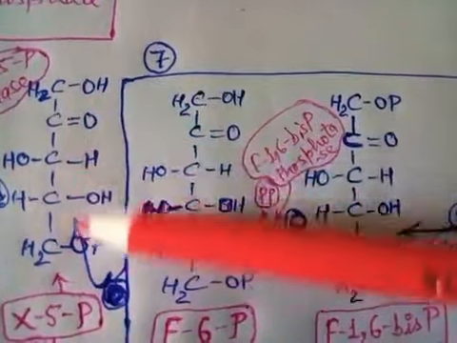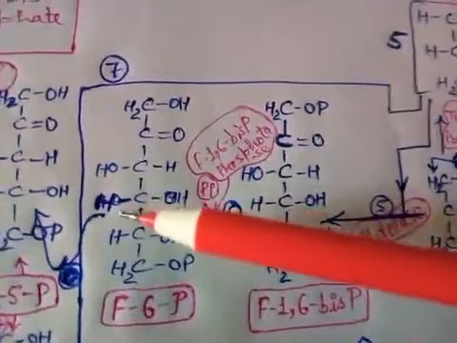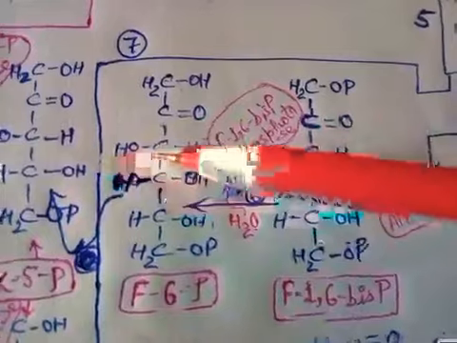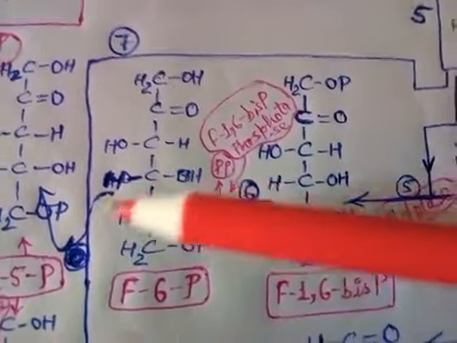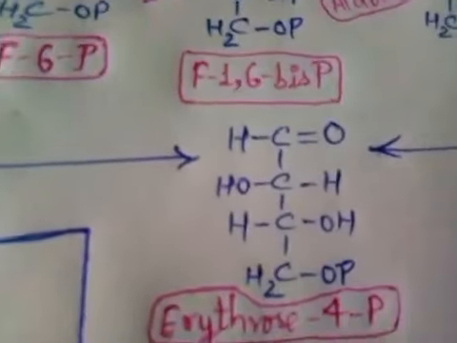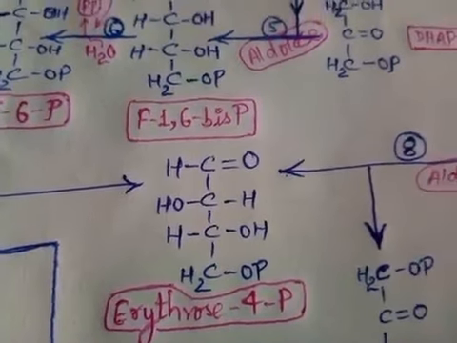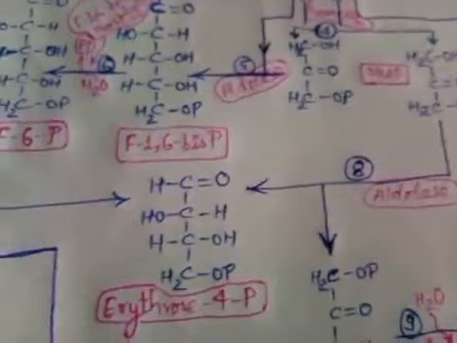This is the way xylulose 5-phosphate is formed, and the rest 4 carbons are converted into erythrose 4-phosphate. Now what happens?